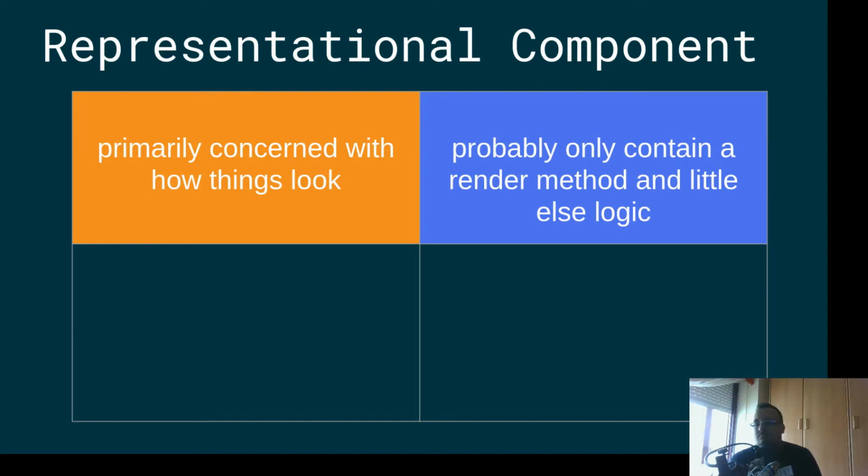Usually they just have a render method and little logic, because we don't have to think about React classes. We don't have to set a state or use lifecycle events.